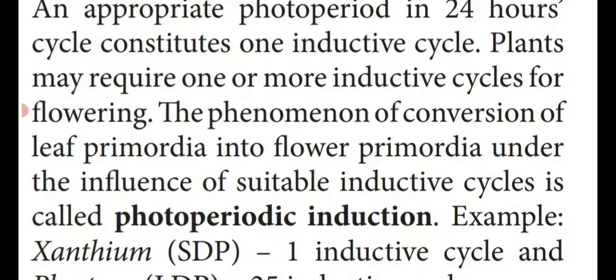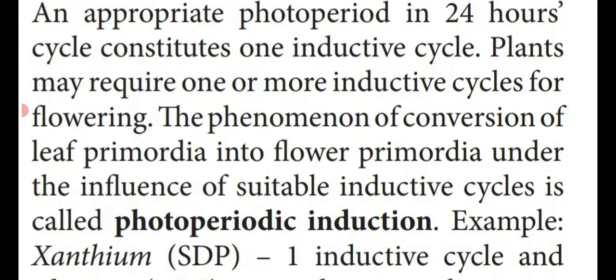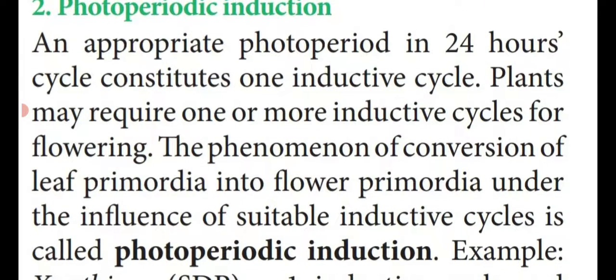An appropriate photoperiod in a 24 hours cycle constitutes one inductive cycle. Plants may require one or more inductive cycles for the flowering process. So the phenomenon of conversion of leaf primordia, that means young leaf, afterwards produces green color buds, which are afterwards modified into flower.